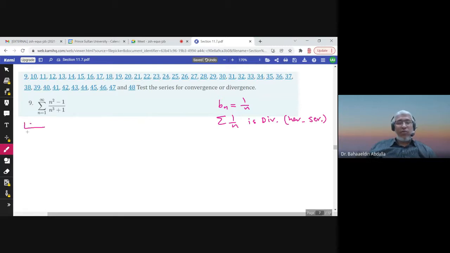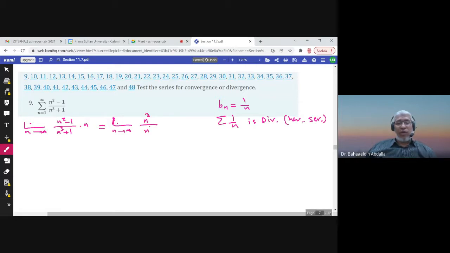To use the limit comparison test, I find the limit of an divided by bn when n goes to infinity. When I multiply n times these two terms, the highest power would be n cubed.